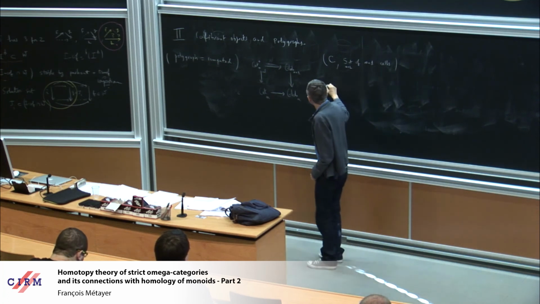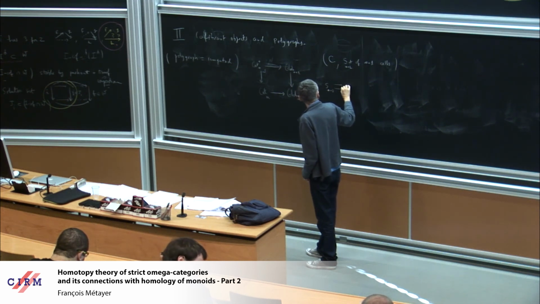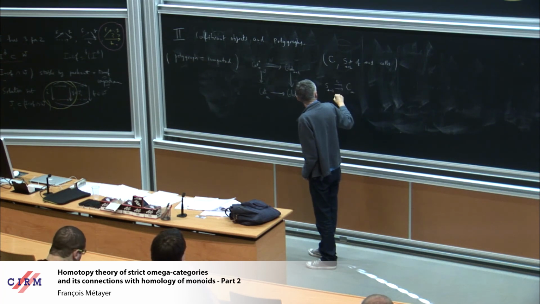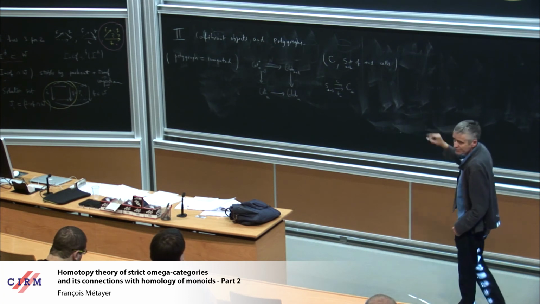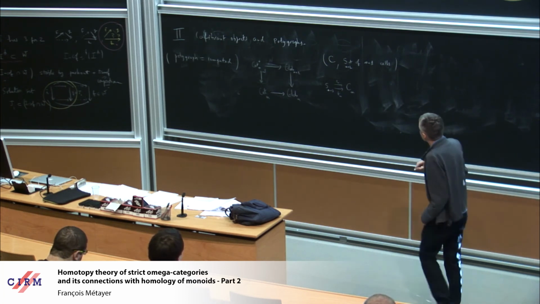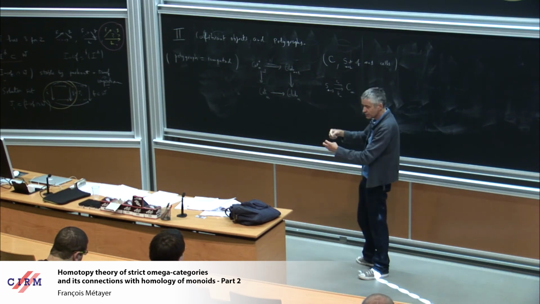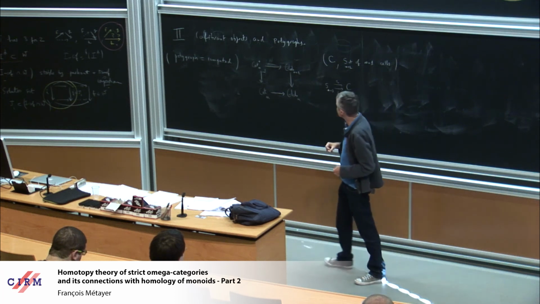So the picture is, what you have is a pair of maps from Sn plus 1 to Cn, source n and target n. So you basically attach a cell on a pair of already existing parallel cells in Cn.